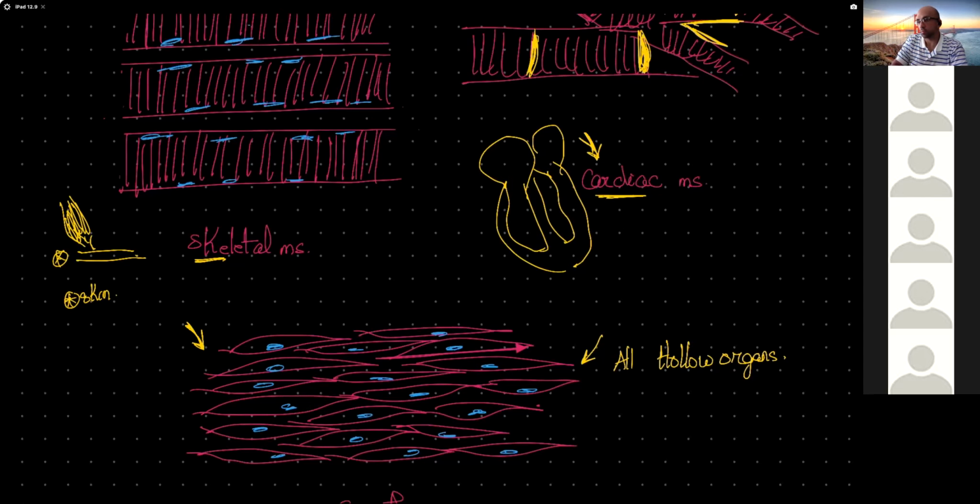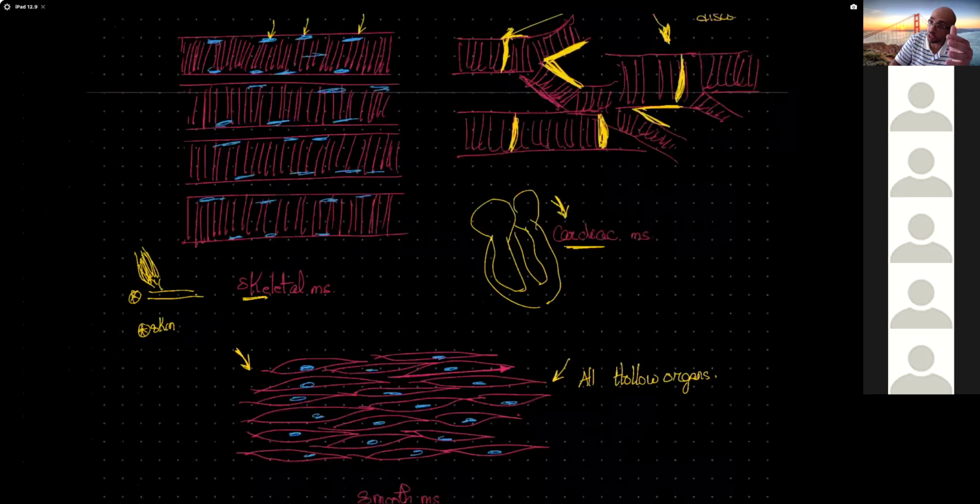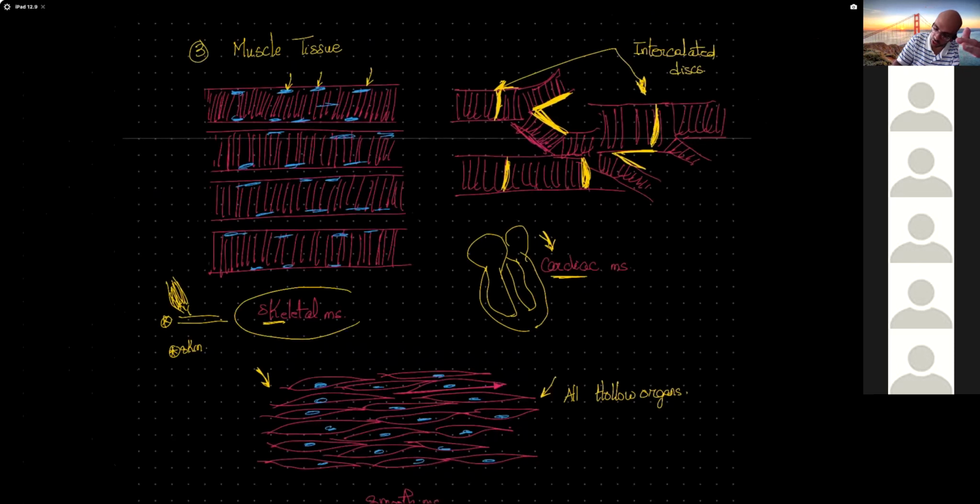The uterus, the muscles of the uterus are going to be contracting under involuntary control. My stomach, my small intestine, large intestine, the ureters, gallbladder, all those are organs that have cavities and they have muscles so they can contract. And those are not under voluntary control, so they are not skeletal, and they are not heart, so they are not cardiac.